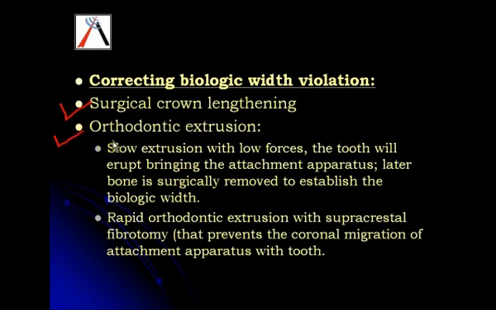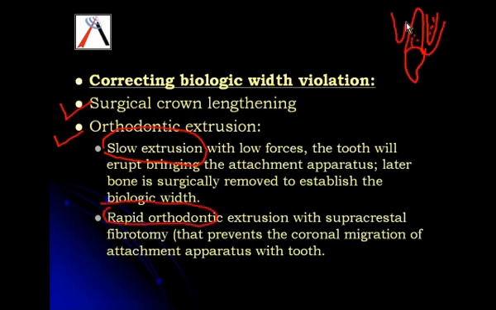One is slow extrusion with low forces and the other is rapid extrusion. So when we try to extrude the tooth slowly, it brings its attachment apparatus with it. So what happens is, even the gingiva and the bone, they grow with the tooth. And what you can do later is you can go in for surgical correction.